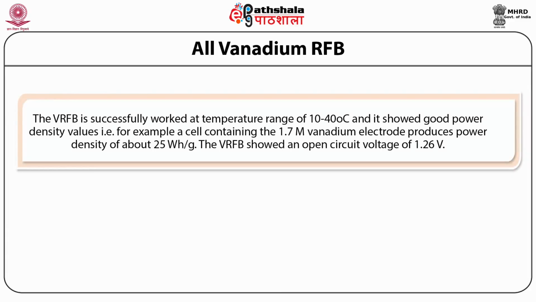The VRFB works successfully in a temperature range of 10 to 40 degrees Celsius and shows good power density values. For example, a cell containing 1.7 molar vanadium electrolyte produces a power density of about 25 watt-hour per gram. The VRFB showed an open circuit voltage of 1.26 volts.